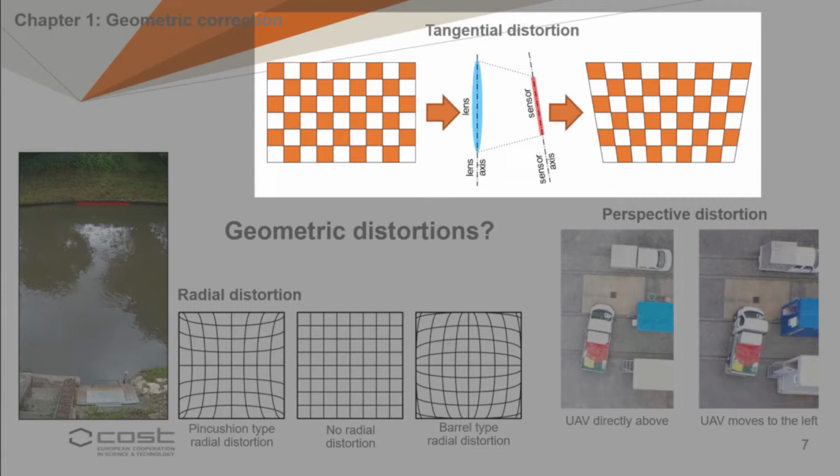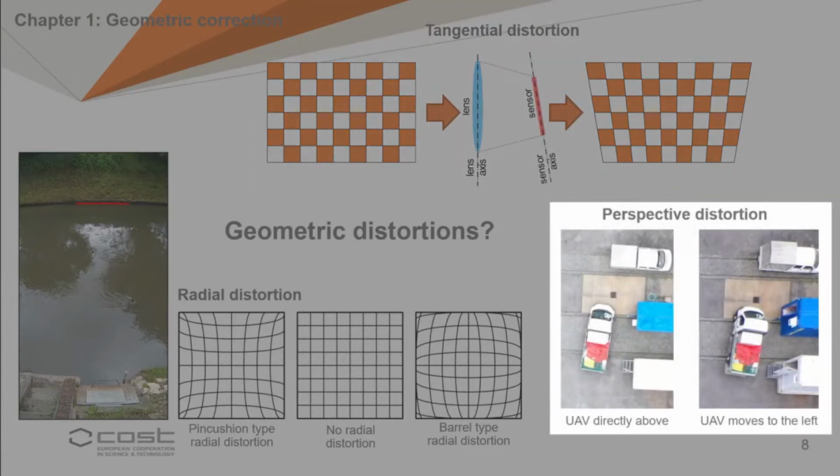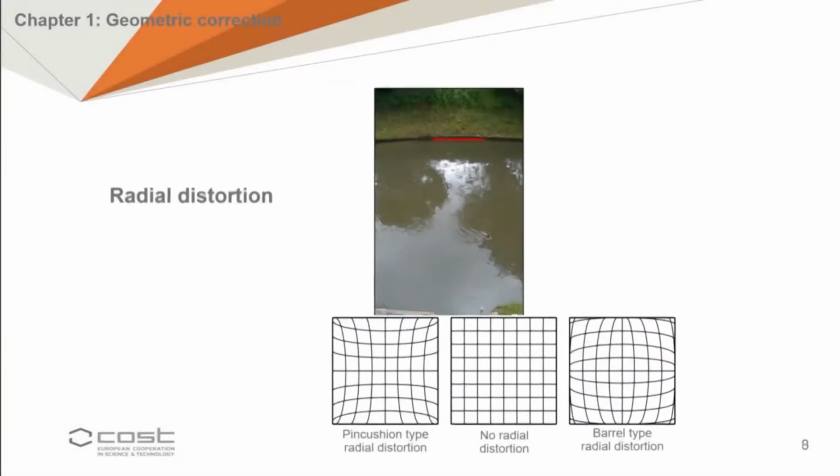And finally, perspective distortion is a mix of various effects such as position of object in the camera frame, camera angle, and so on. We'll start from the beginning by first reviewing the effects of the radial distortion.